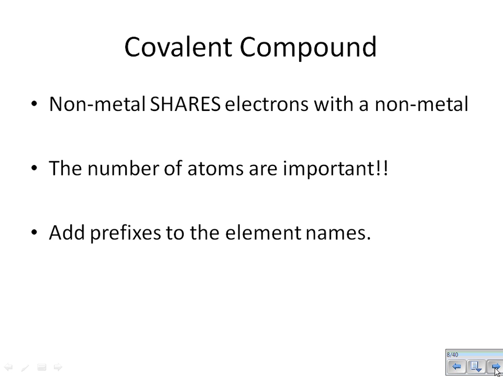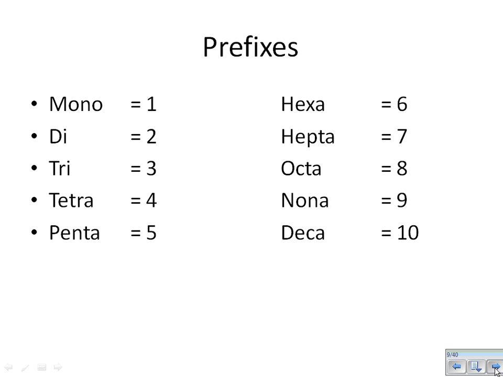They are important because they will determine the prefixes that we add to the element names. Those prefixes are as follows. If you have one atom, the prefix is mono, 2 is di, 3 tri, 4 tetra, 5 penta, 6 hexa, 7 is hepta, 8 is octa, 9 is nona, and 10 is deca.